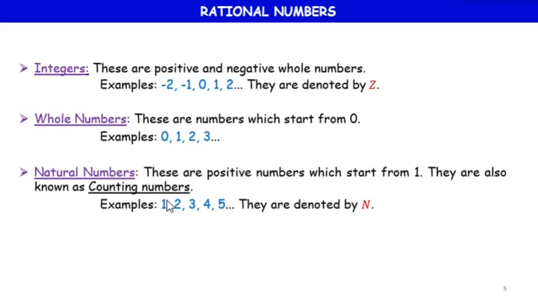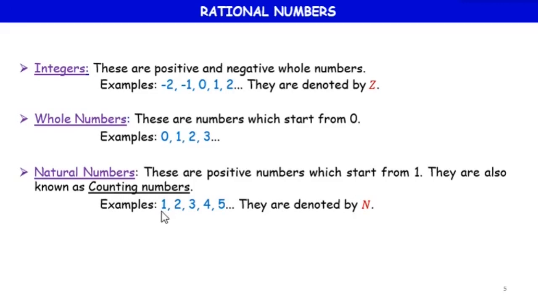For sure, if you are counting a number of items, you don't start from 0. You start from 1, 2, 3, 4, 5, and then you keep going on in that fashion. That is why we call it the counting numbers, because we start counting from 1.